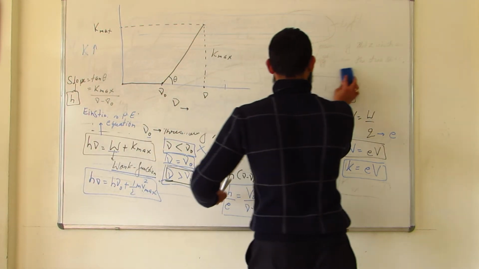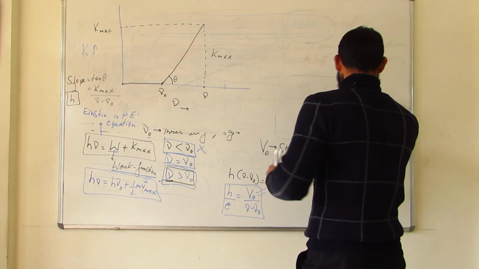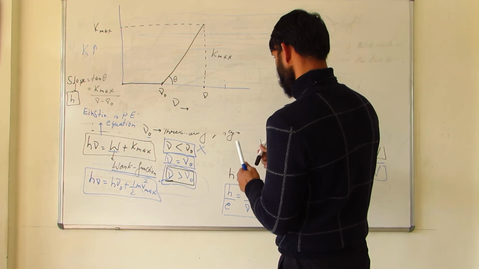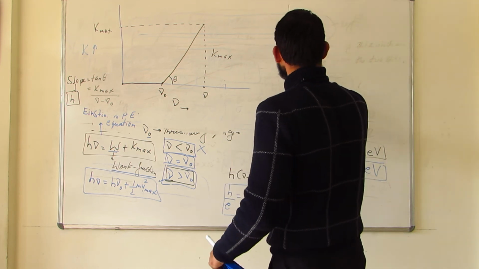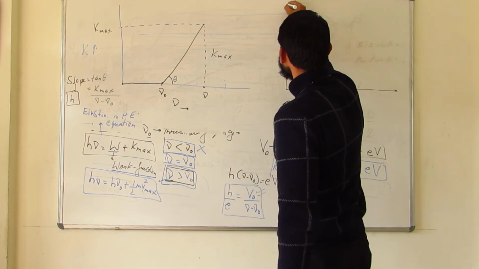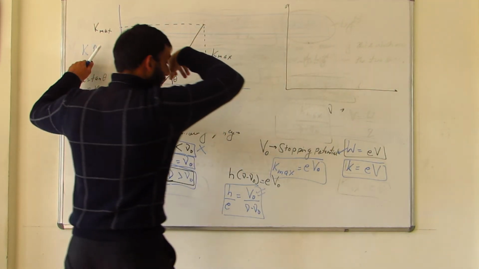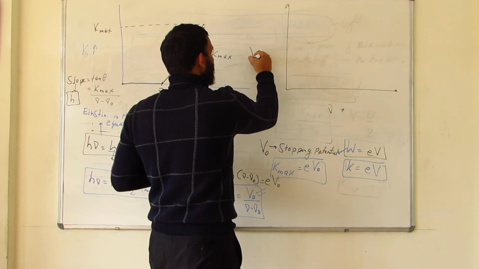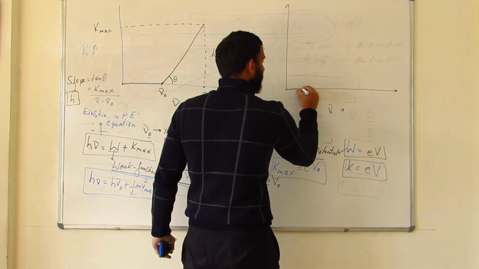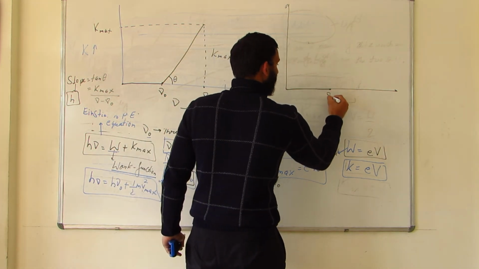If I do it here, you could understand very easily. This is frequency again, and here, instead of kinetic energy, I shall plot potential V. Again, up to this point nothing will happen.